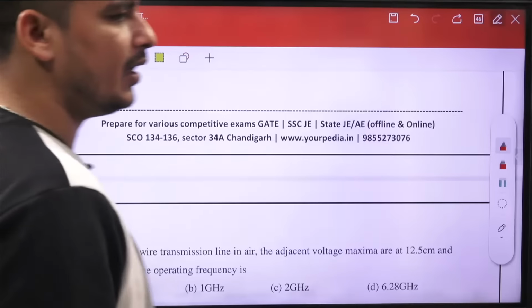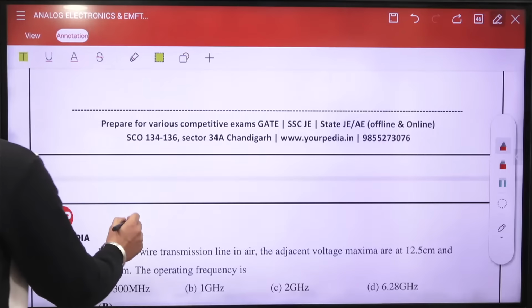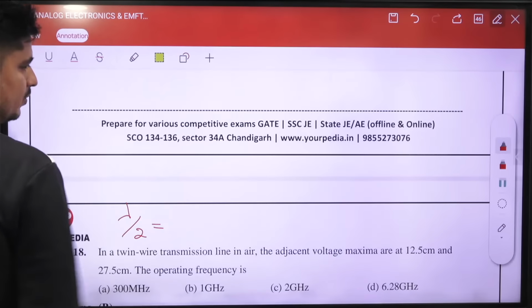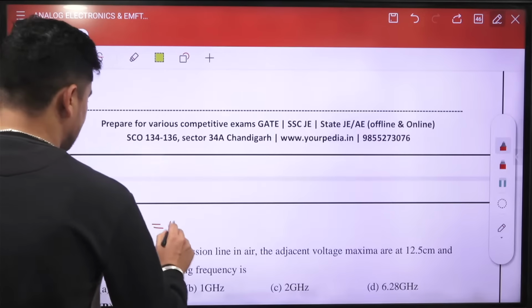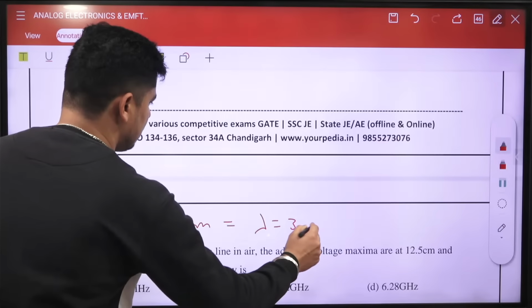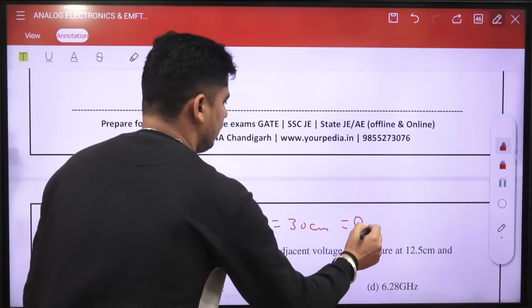One maxima and minima are apart by lambda by 4. So lambda by 2 is given: 27.5 minus 12.5 will give you 15 centimeter. That is, lambda is going to be 30 centimeter or 0.3 meter.